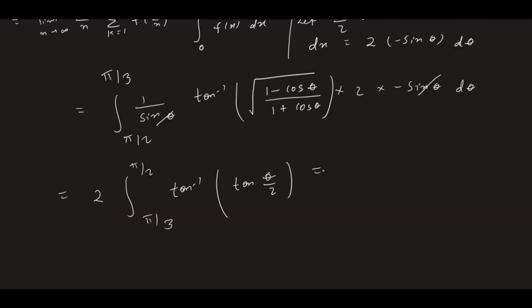This will be 2 times the integral from pi by 3 to pi by 2 of tan inverse of tan theta by 2, which is theta by 2, d theta obviously.